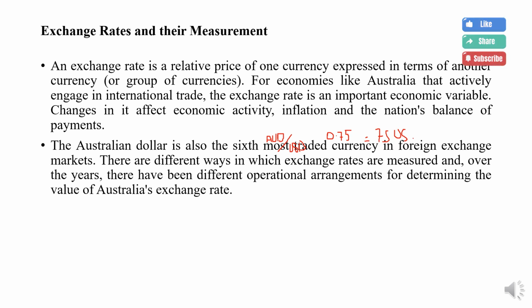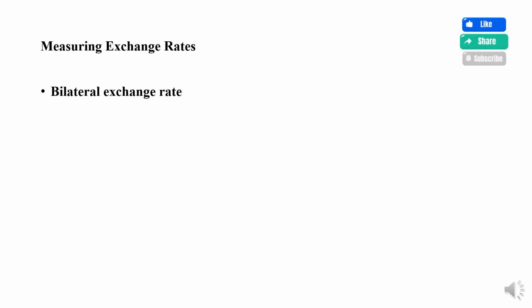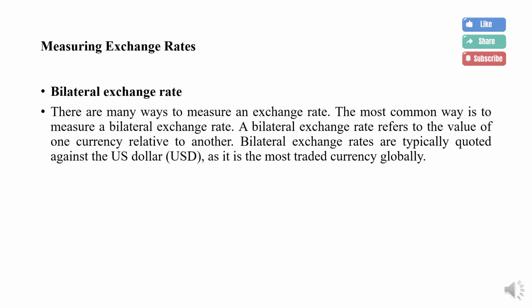Number one is the bilateral exchange rate, the most common way to measure. A bilateral exchange rate refers to the value of one currency relative to another. Bilateral exchange rates are typically quoted against the US dollar as it is the most traded currency globally.